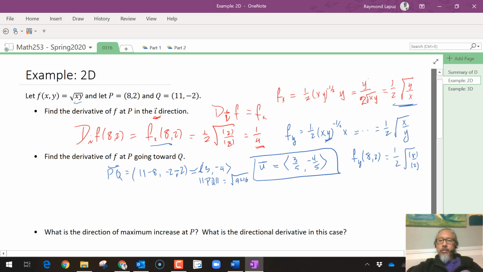So this is going to be a 4, and the square root of 4 is 2, and 1/2 times 2 is 1. So our gradient is going to be a vector. I could put these functions there, but we already worked it out at (8, 2). So let me just fix this up a little bit.